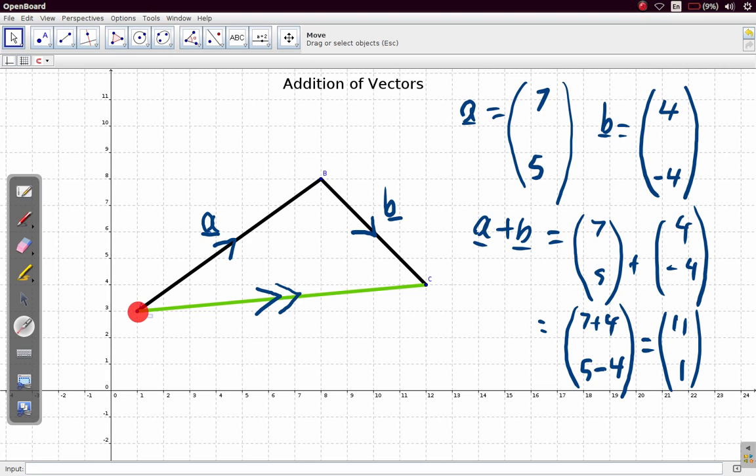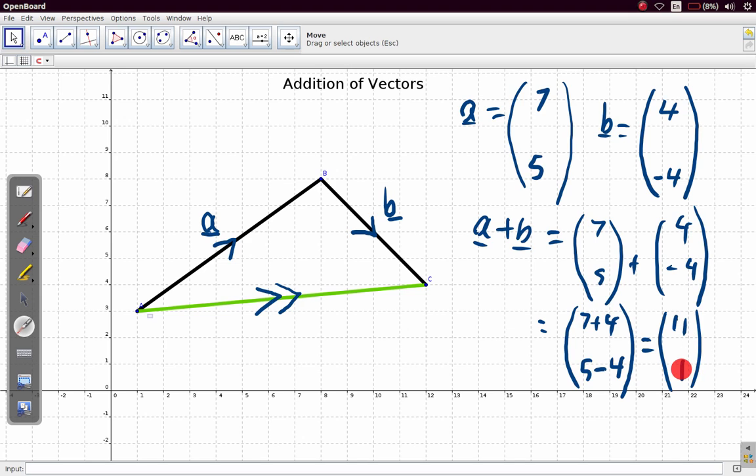For the resultant, we have to go to the right and then upwards to move the equivalent from one end to the other. So instead of going straight across the vector, we could move 1, 2, 3, 4, 5, 6, 7, 8, 9, 10, 11 to the right and 1 up. And you see it here. Positive 11 is the horizontal component.